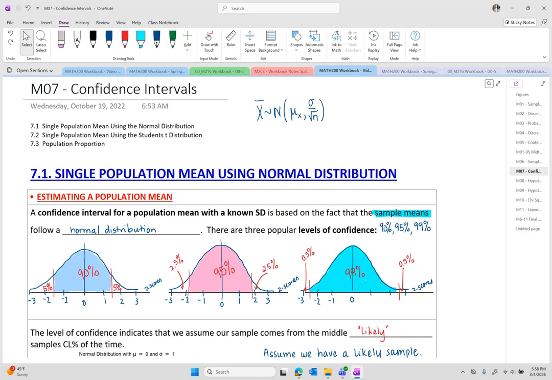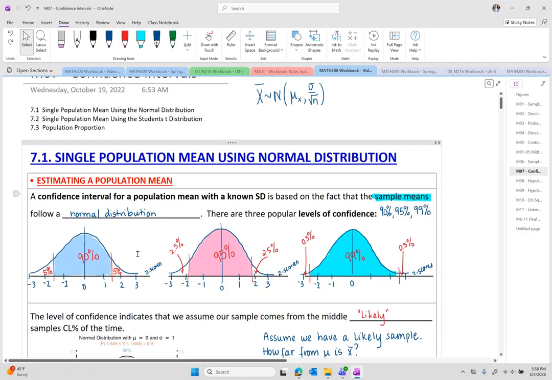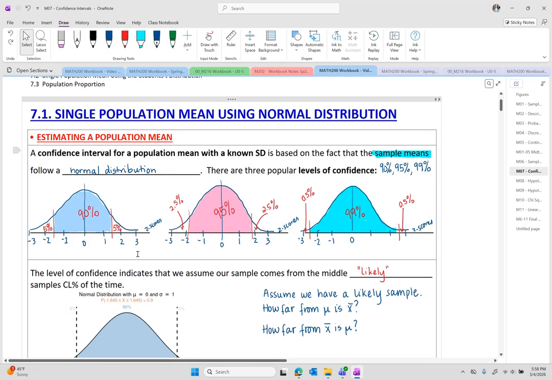So the confidence interval is our attempt to ensure that the population mean is close enough to our sample mean, and we can kind of guess approximately where the population mean will be. So this is our first step at inferential statistics, and we will go a little backwards in order to understand how the confidence interval works.